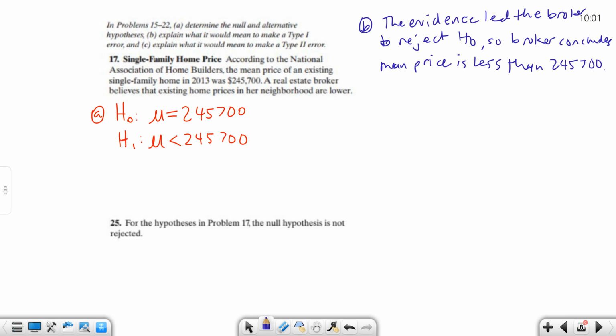Okay. When in fact what? When in fact the mean price is 245,700, right?